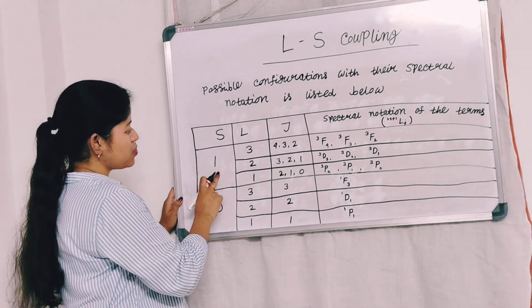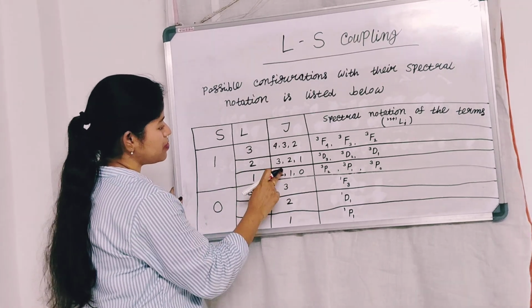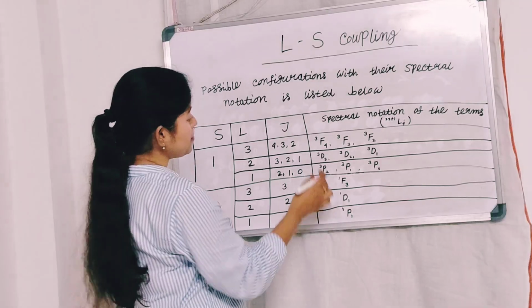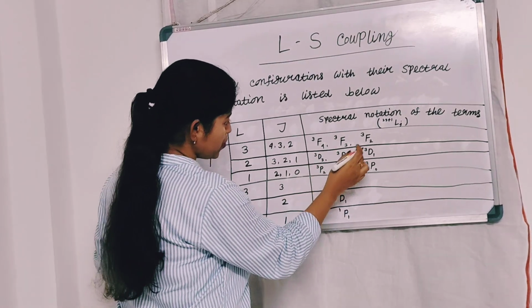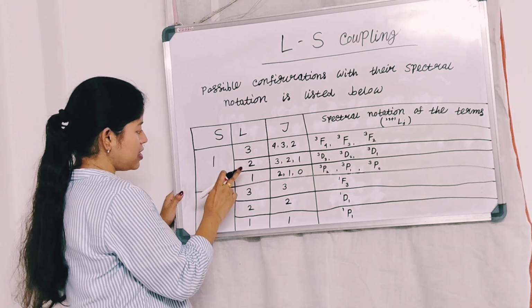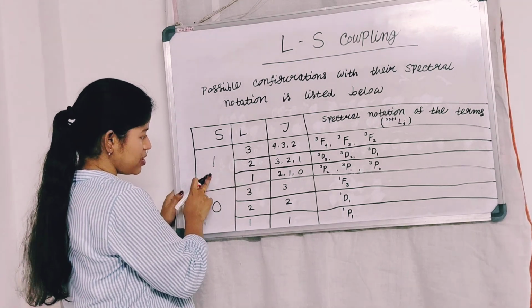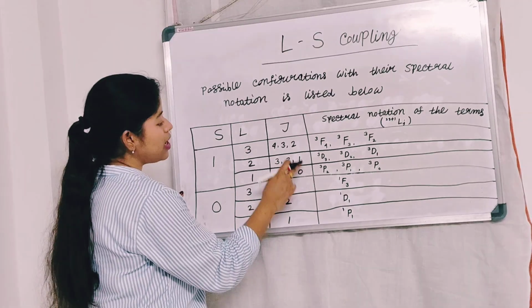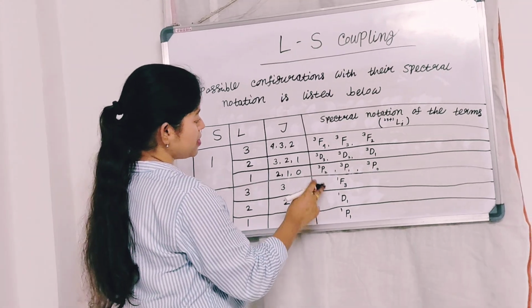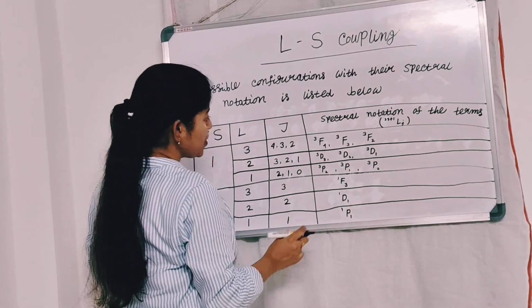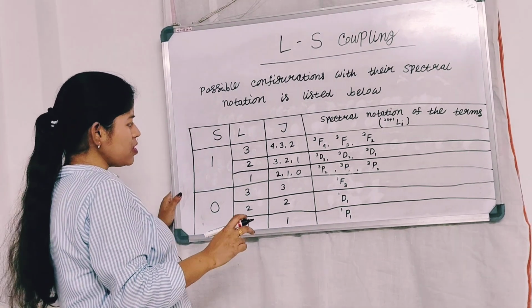When S = 1 and L = 2, the values of J will be 3, 2, 1, and their corresponding states will be ³D₃, ³D₂, ³D₁. And when the value of L is 1 and the value of S is 1, then the J values will be 2, 1, 0, and their corresponding states can be written in this way: ³P₂, ³P₁, ³P₀.